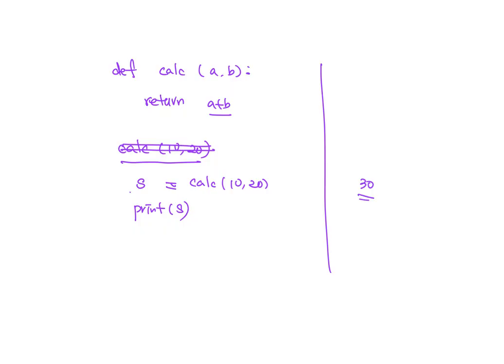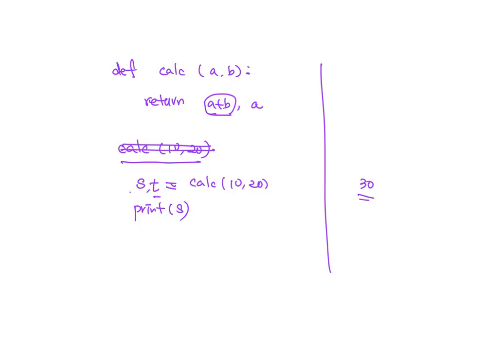If you want to return multiple values, you need to separate them with a comma. Then, on the left-hand side of the equality, you may have, say, two variables. Then the S variable will receive the value of A plus B, and the next variable will receive the next returned value.